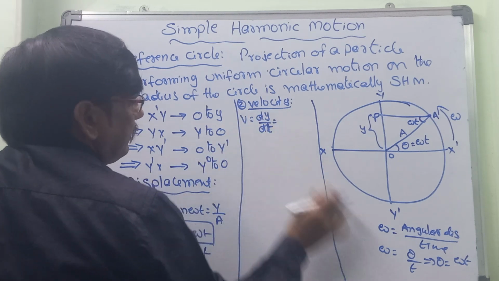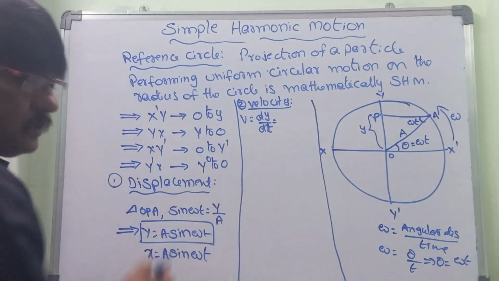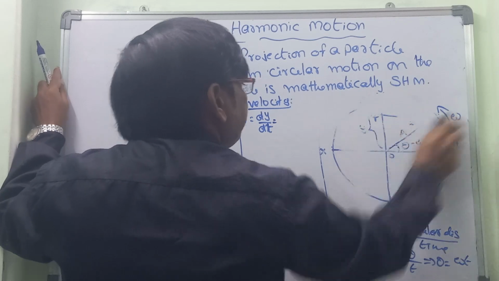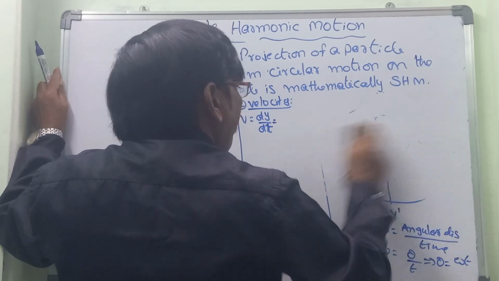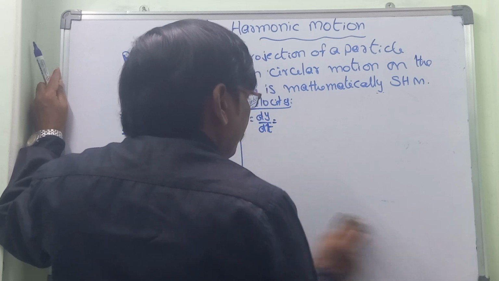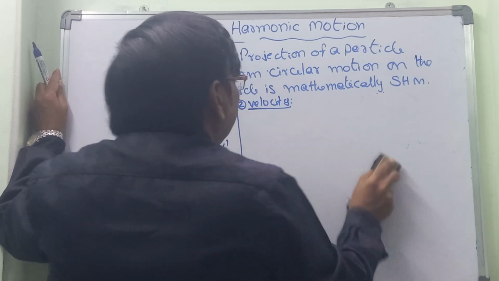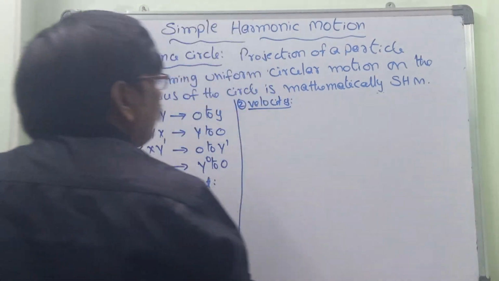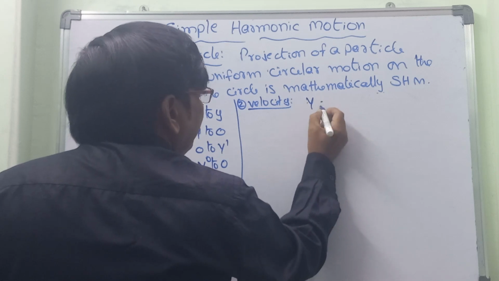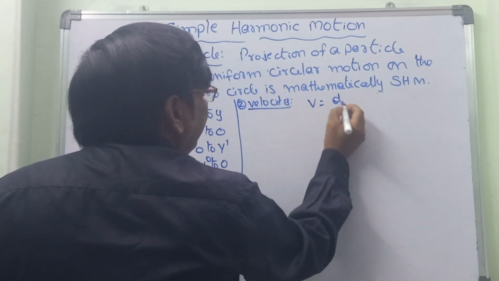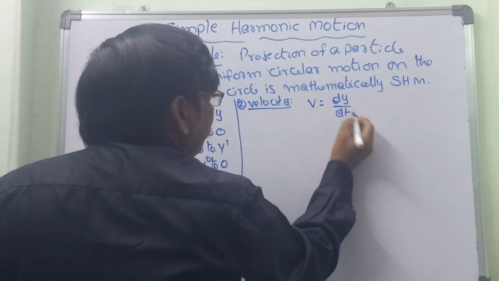Let us write it here: v is equal to dy by dt.